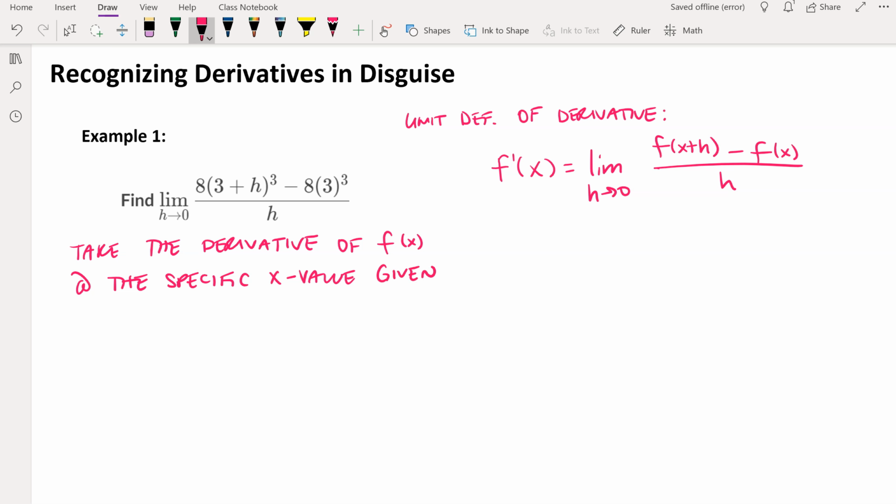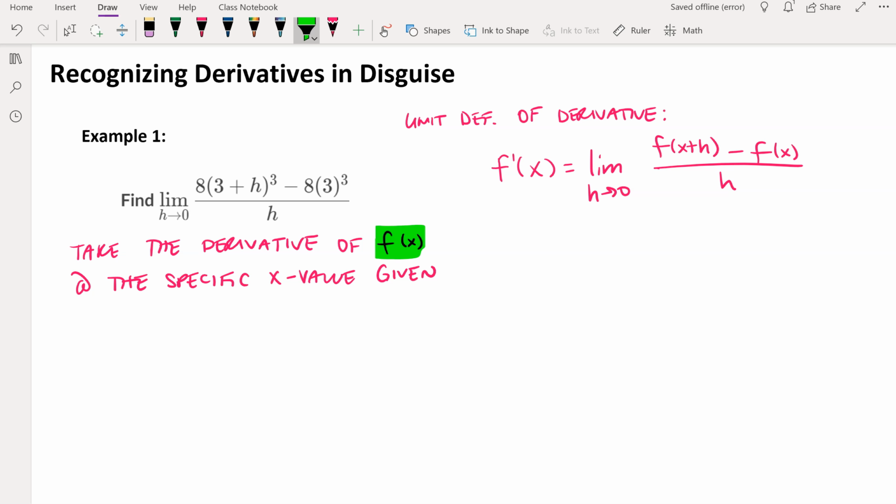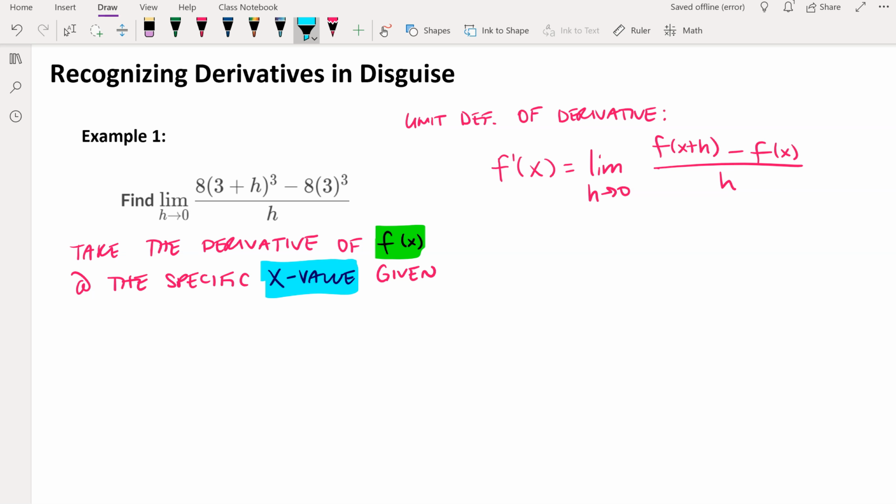Okay, the things we have to find are f of x and the x value. We have to find f of x and we need to find the x value. So how do we do that? Here's how I do that. Think about in this equation, where is x plugged in? So let's go over here.